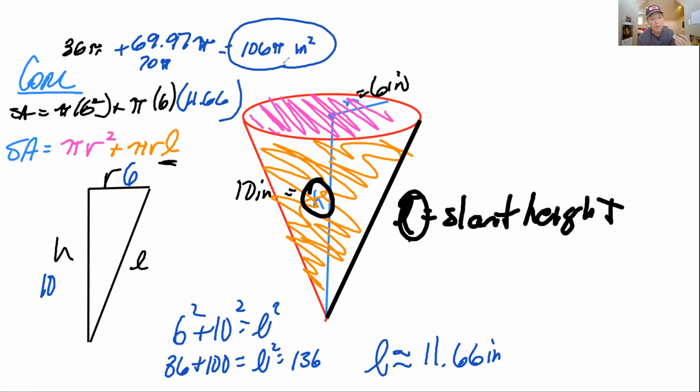Now in the test, I'm going to give you the option of leaving your answers in terms of pi, which is really nice to do if you have a circle. But I'm also going to let you multiply it out if you want as well. Okay. So this is the formula you want to have for surface area of a cone.